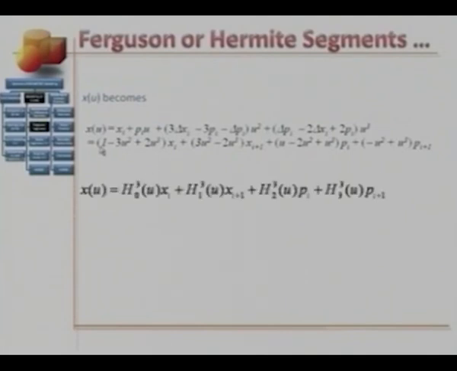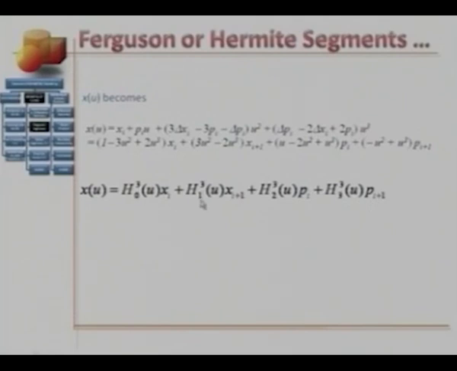What we can do is represent these coefficients as functions h. h03 of u times xi plus h13 of u times xi plus 1 plus h23 of u times pi plus h33 of u times pi plus 1.